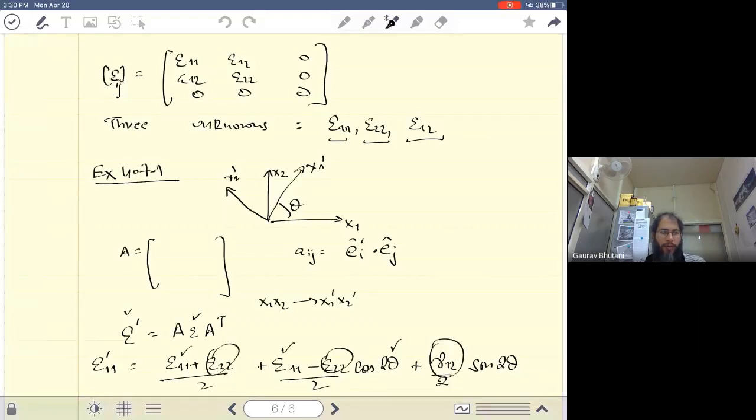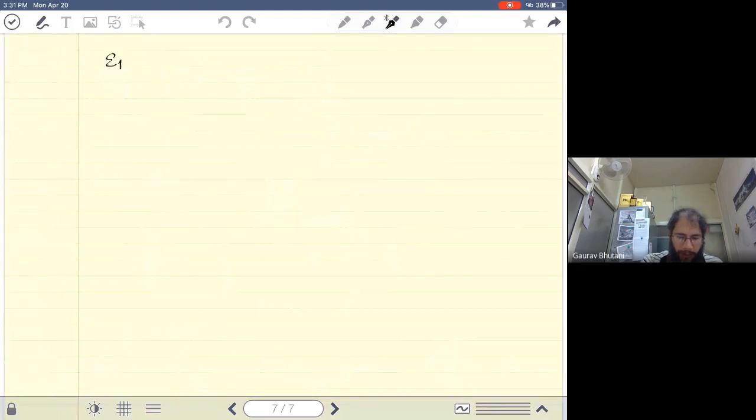So you have two unknowns and two equations: one equation for epsilon 1 1 prime, and similarly one for epsilon 1 1 double prime, where theta simply becomes 120 degrees. You can solve these equations and get the values of epsilon 2 2 and gamma 1 2.